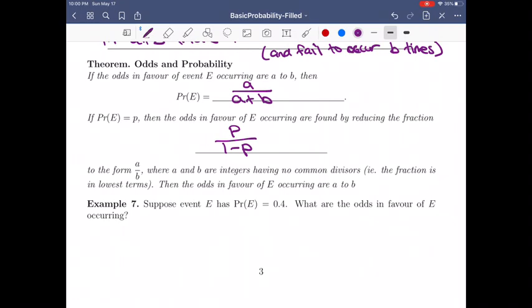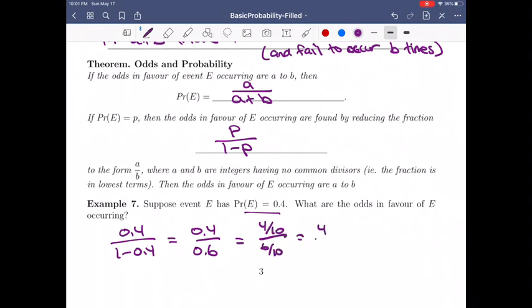Suppose event E has probability 0.4. What are the odds in favor of E occurring? We would write 0.4 over 1 minus 0.4. That's 0.4 over 0.6, which if you switch to fractions is 4 over 10 over 6 over 10, which is actually 4 over 6, which we could reduce to 2 over 3.